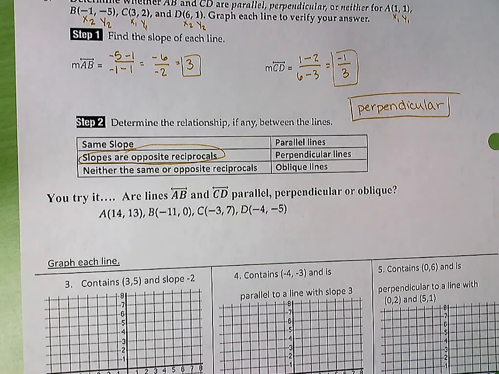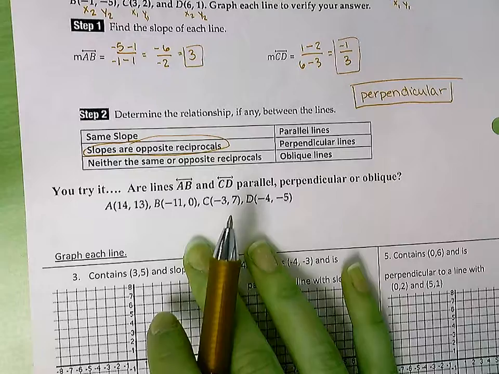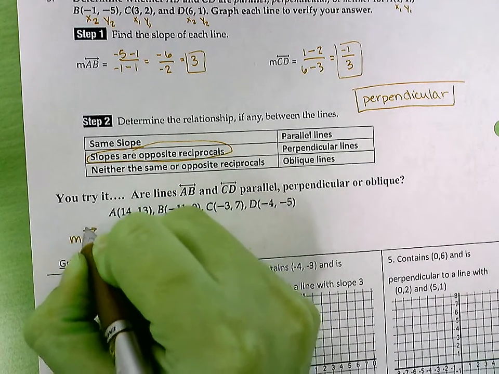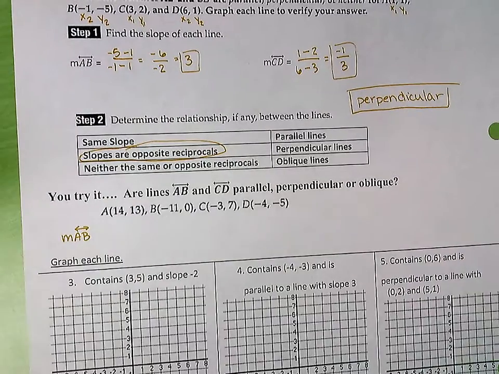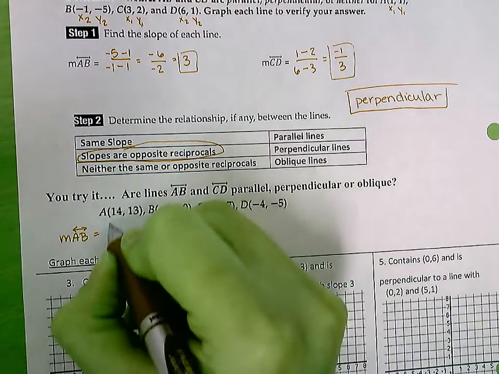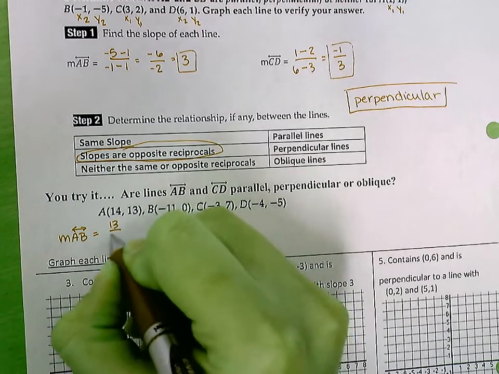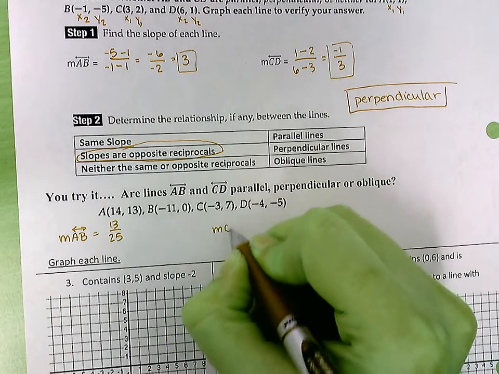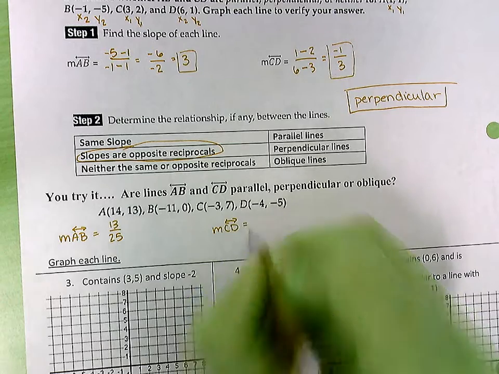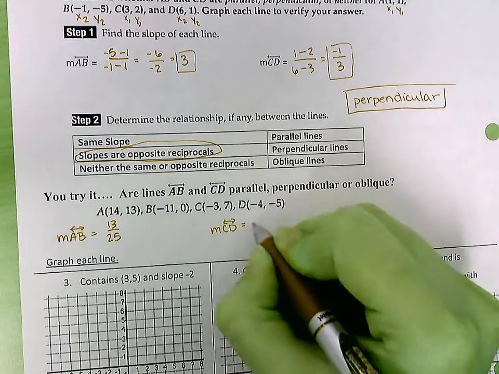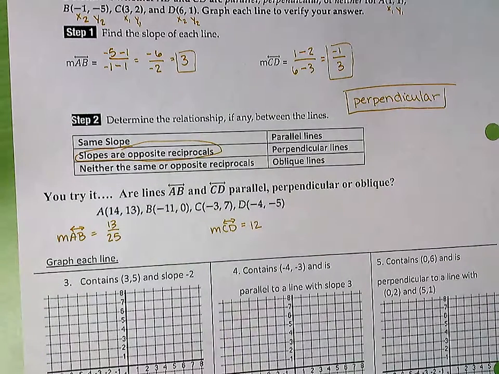All right, so for the one I wanted you to try, the slope of line AB, you should have gotten 13 over 25. And the slope of line CD, I got 12.